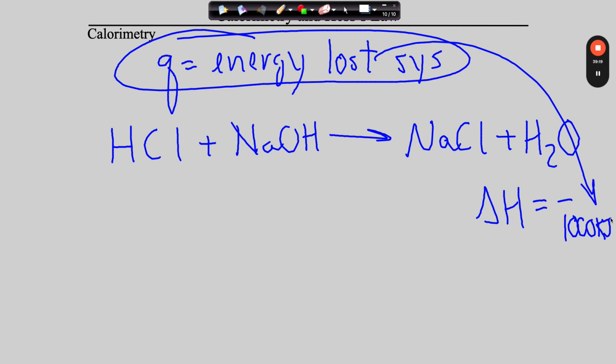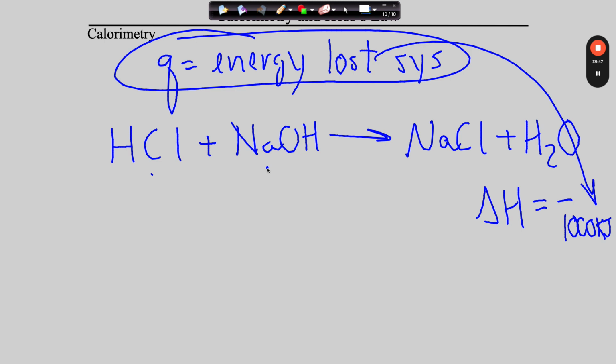So guys, if we take a mole of this and a mole of this, it releases 1,000 kilojoules. But guys, what if in the calorimeter we didn't use a mole? If we use less than a mole, then how much energy will we report? Less than 1,000 kilojoules.